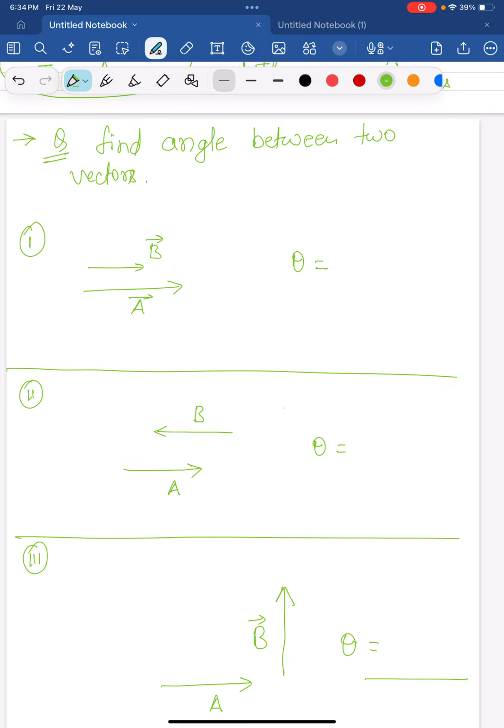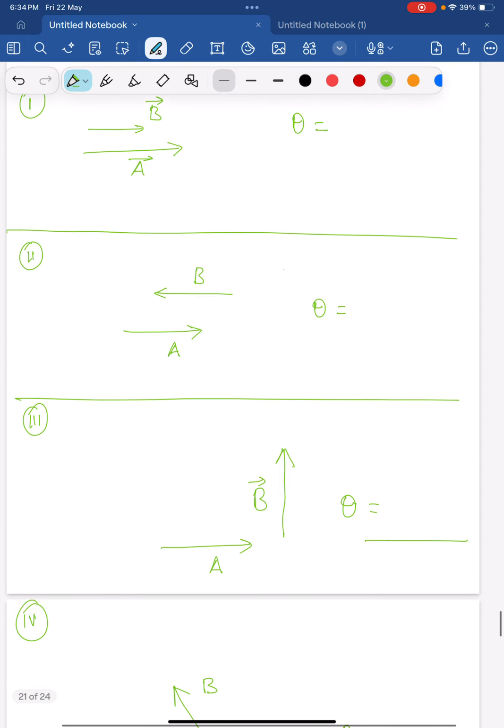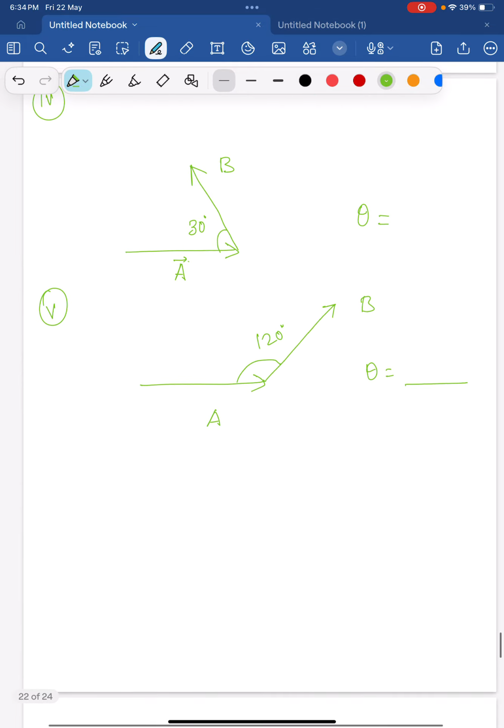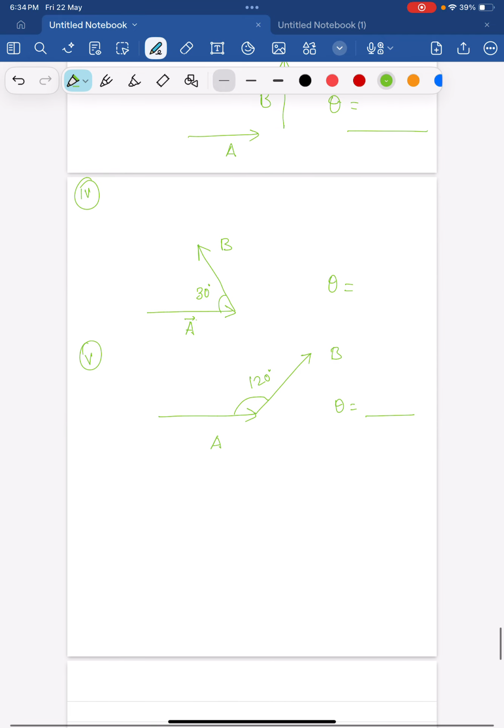You have to practice them. After that your understanding will be better to determine the angle between vector A and B.